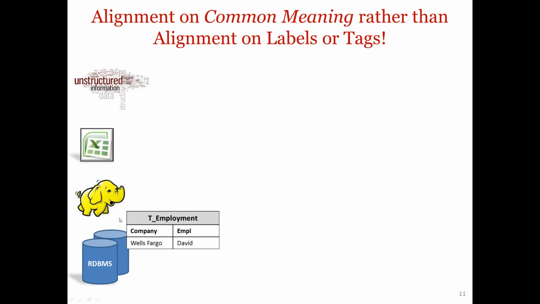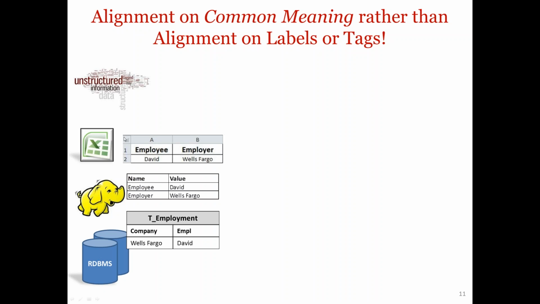So we could have an employment table where we could see Wells Fargo and David from a relational point of view, Wells Fargo and David from a Hadoop name value point of view in big data. We could make an Excel spreadsheet that says the exact same thing, that David is employed by Wells Fargo.